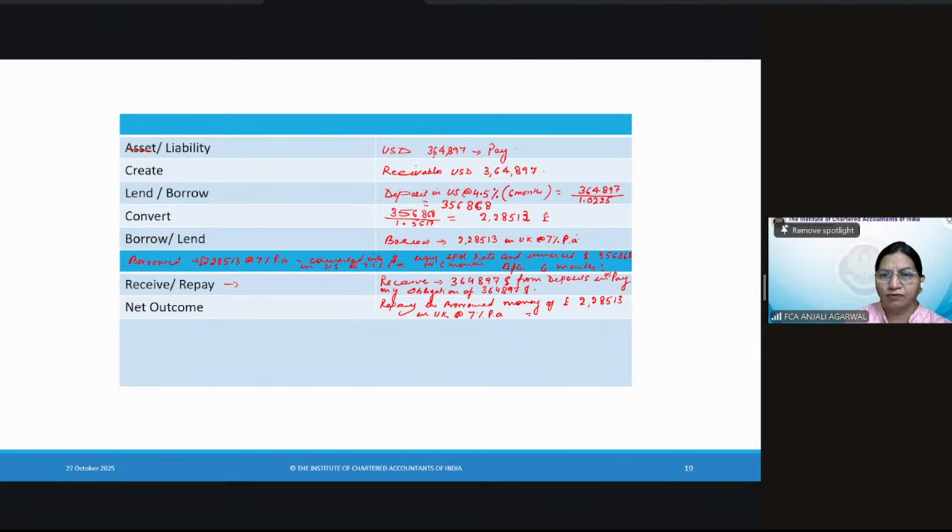So net outflow will be equal to 2,28,513 pounds multiplied by 1.035. So I'll have to pay 3.5% interest.